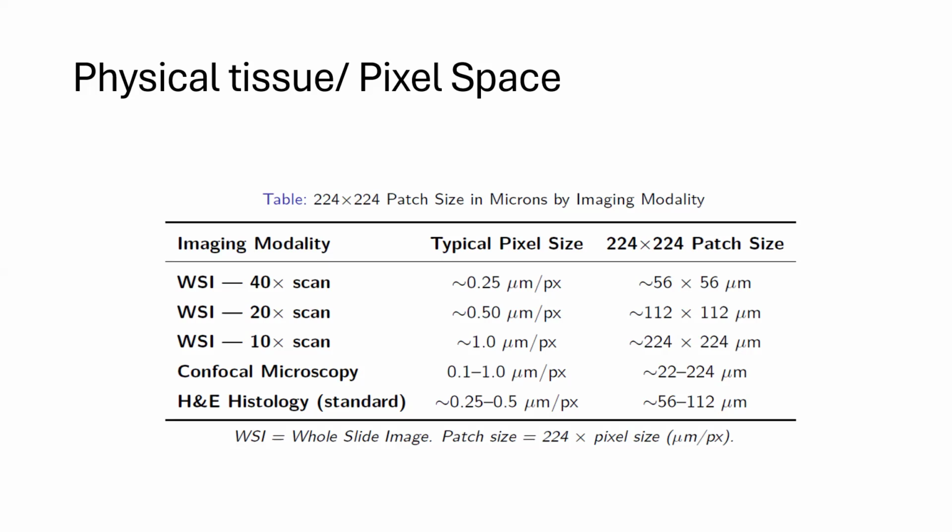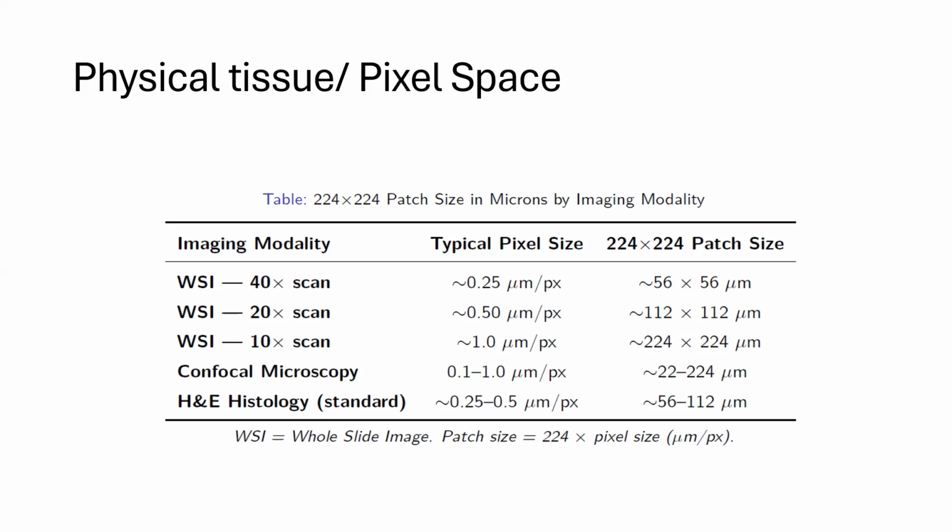If you take a 20x scan, you will get more context, like 112 by 112 microns. Suppose you are scanning at 10x, you will get 224 by 224 microns. This is what we have to consider when patching or taking data: you should see what type of structure you need.